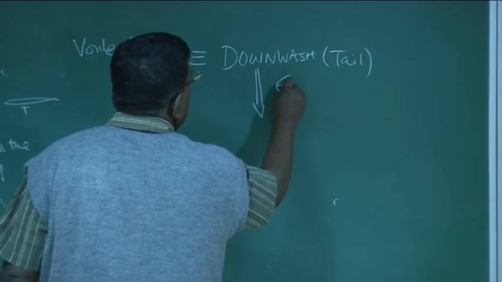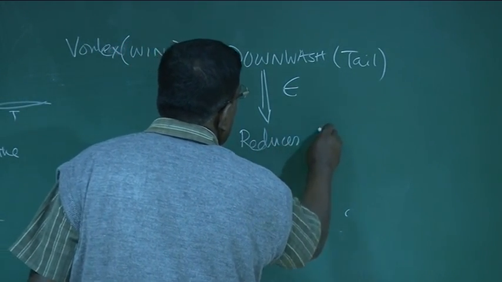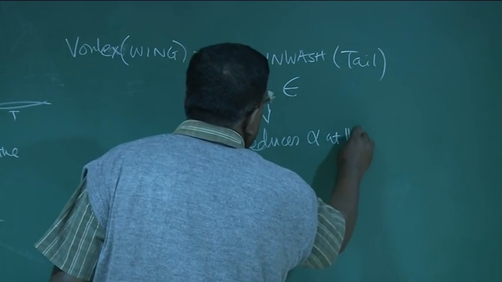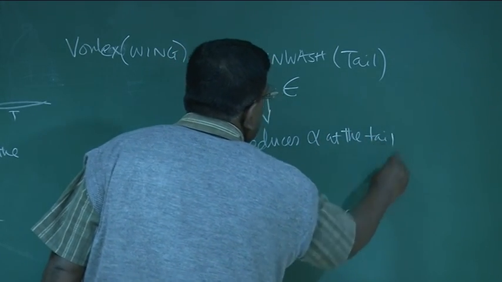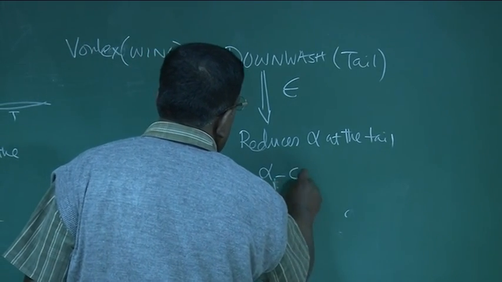This downwash, say epsilon, reduces alpha at the tail, so alpha t is alpha 1 minus epsilon.